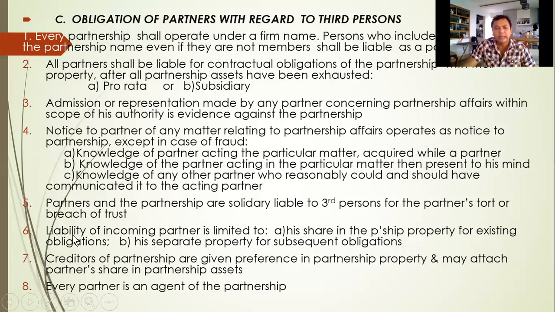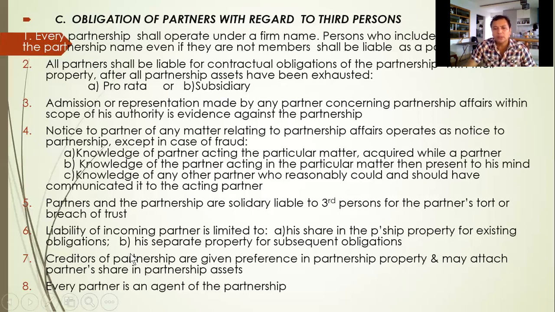Number 6, liability of incoming partner. So if there's a new partner that's coming into the partnership, rule number 1, his share in the partnership property is liable for existing obligations. Meaning the partnership has existing debts, and when he joins, he will not be liable, but only the partnership property will be liable.